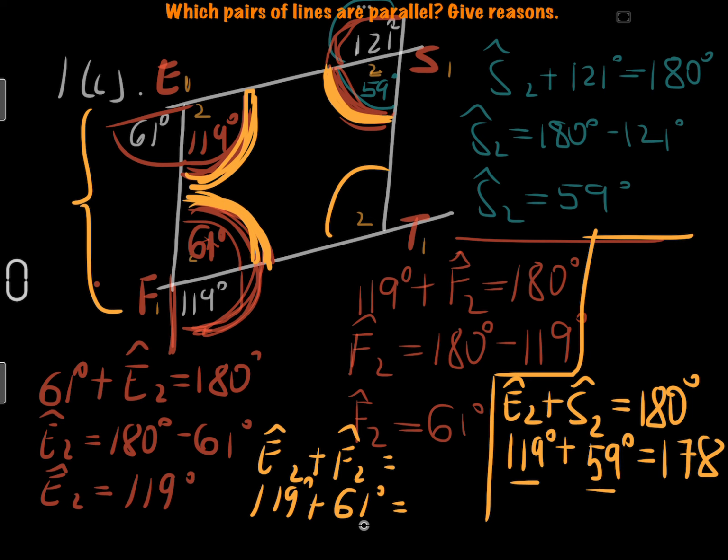Now moving forward, we can confirm the last angle. We can look at co-interior angles: angle F2 and angle E2 are co-interior angles.